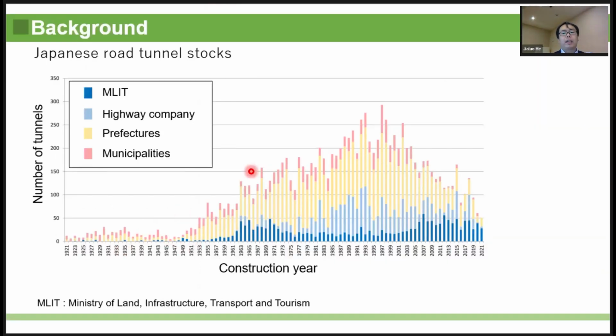I'd like to start by talking about the background to the study. This slide is about road tunnels in Japan. In Japan, many road tunnels were built after the 1970s. The deterioration of these tunnels is a problem in Japan.